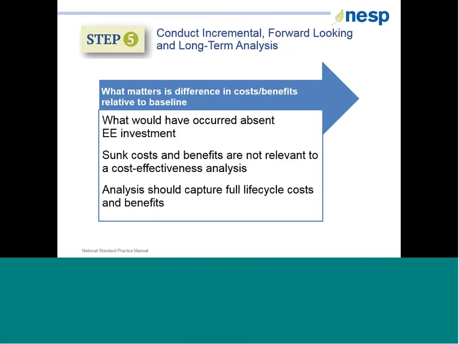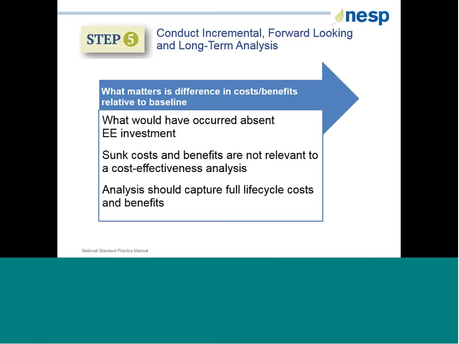The next one, forward-looking, is actually the most challenging one. Here, this gets to the whole issue of rate impacts from energy efficiency. And as many of you know, the California Standard Practice Manual has one of the tests in there called the rate impact measure test.